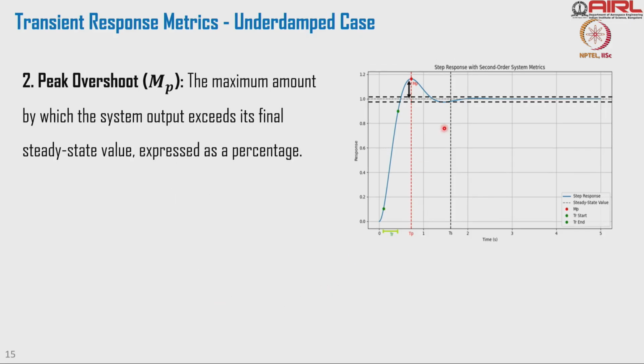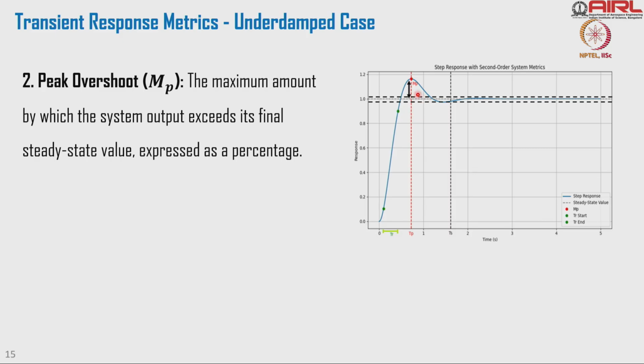The second important parameter is the maximum or peak overshoot, how much you are overshooting. The time at which the overshoot takes place is called TP, and how much overshoot is called MP. The steady state value, let's say I want a unit response, but it's going above this. In this figure, it's somewhere around 1.18, so 0.18 is the overshoot. How do we measure this?